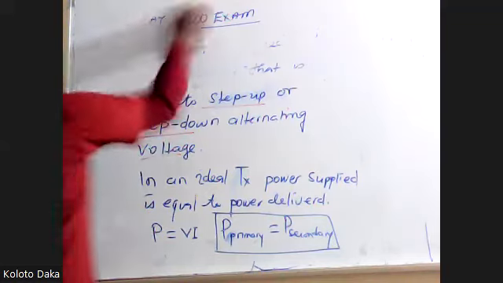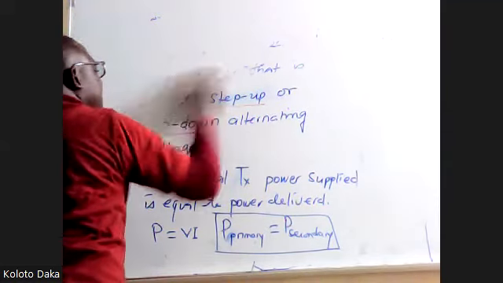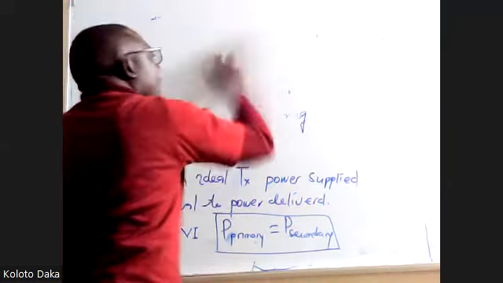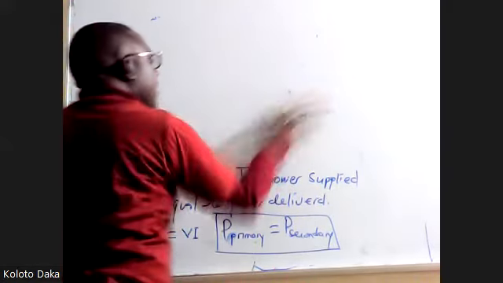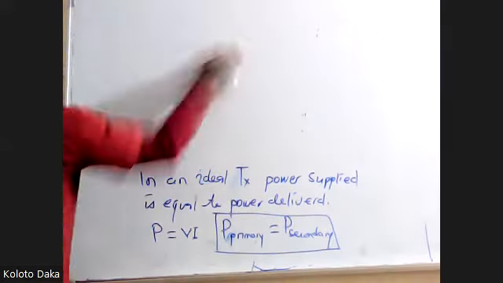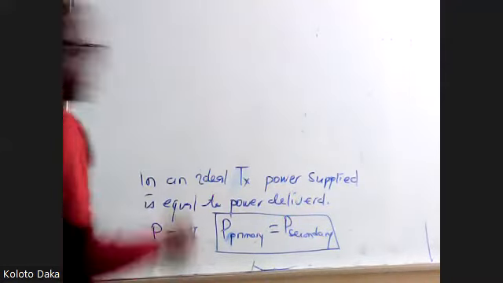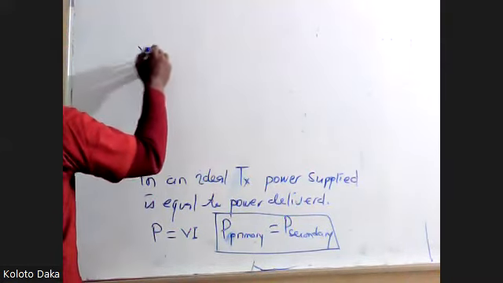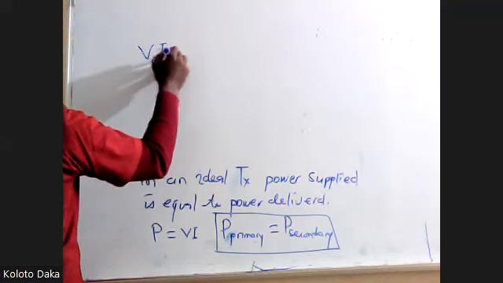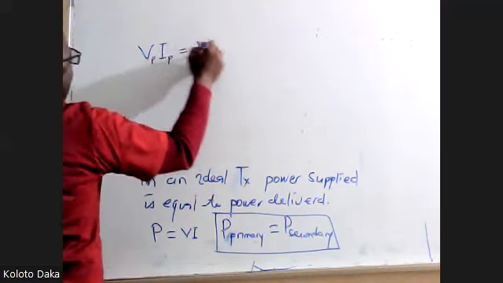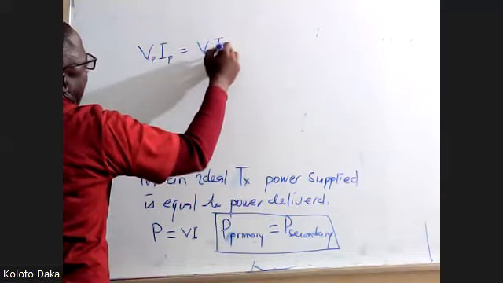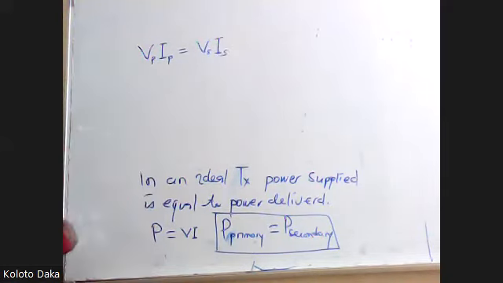if that is true, it means that V on the primary multiplied by current on the primary is equal to V on the secondary multiplied by current on the secondary.